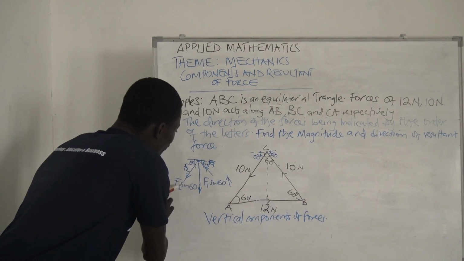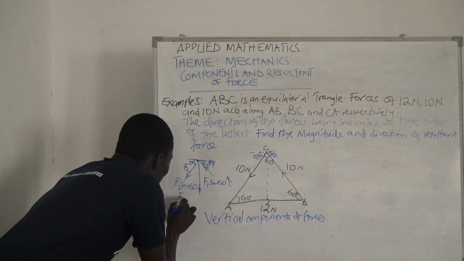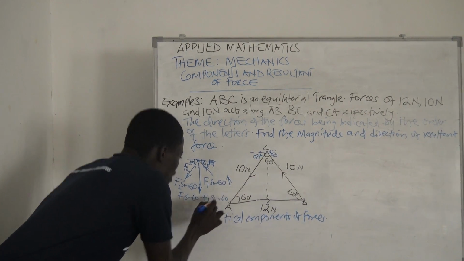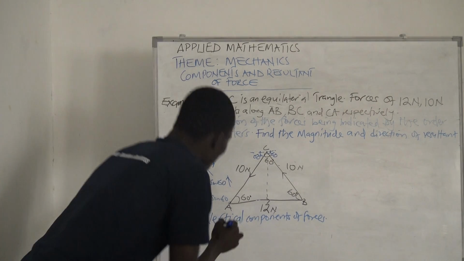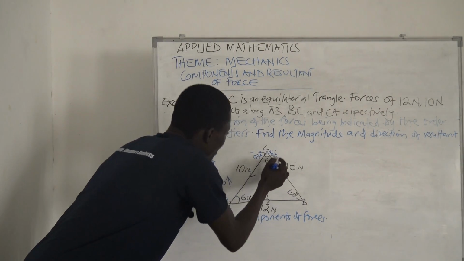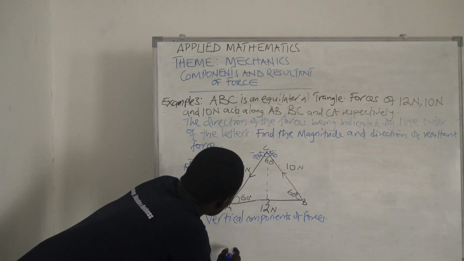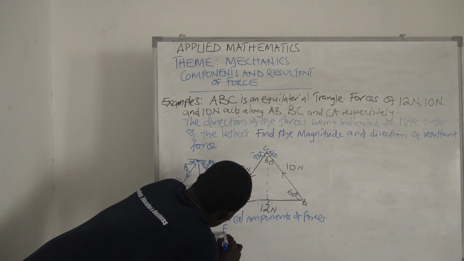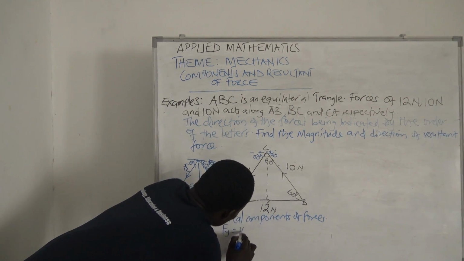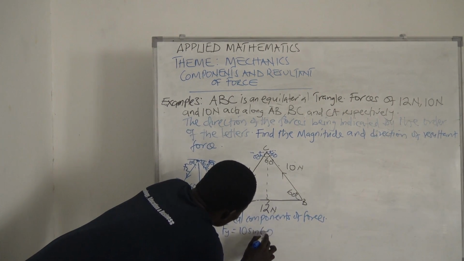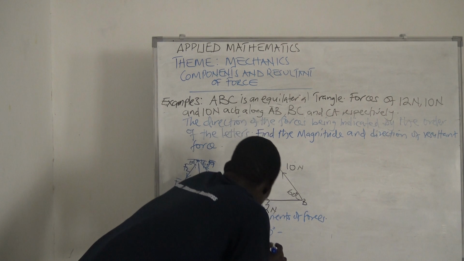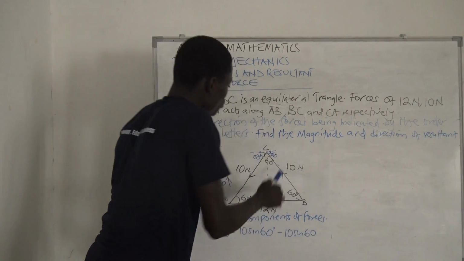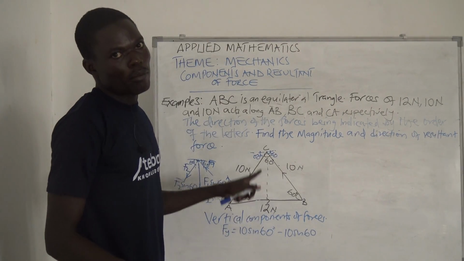So the overall vertical component will be F1 sine 60 minus F2 sine 60. Now, getting the vertical component, we have Ey given by 10 sine 60 minus 10 sine 60, for this one moving up and we subtract this one moving down.